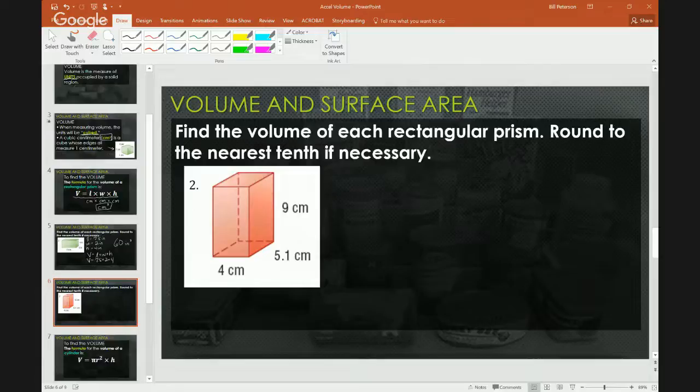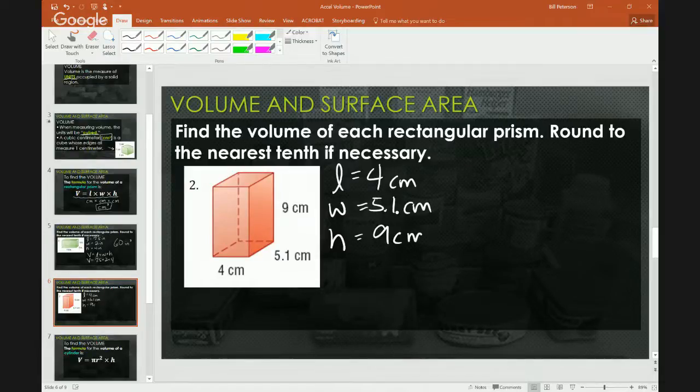Let's go ahead and take a look at this example here. We need to label our length, width, and height. Our length is going to be 4 centimeters. Our width is going to be 5.1 centimeters. And our height is going to be 9 centimeters. Our label, obviously, since we're multiplying centimeters times centimeters times centimeters, is going to be centimeters cubed.